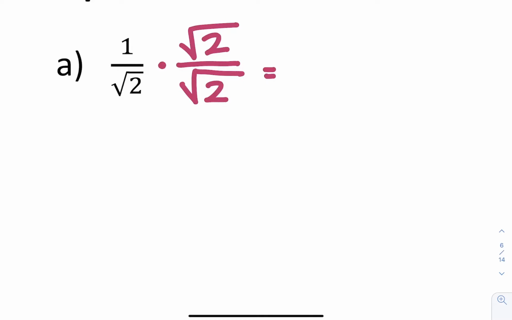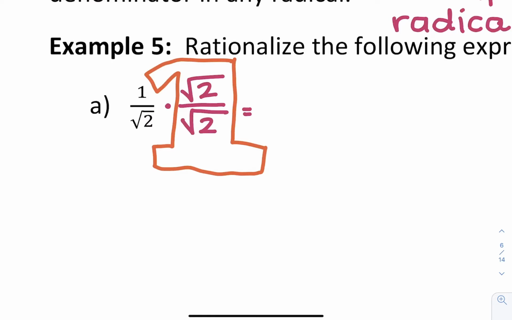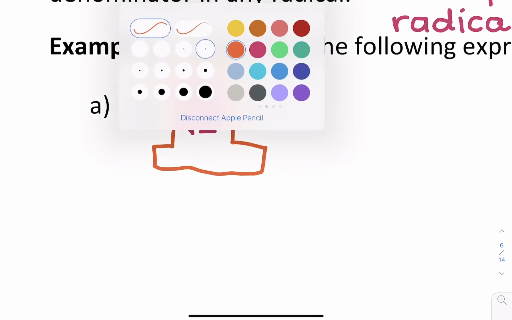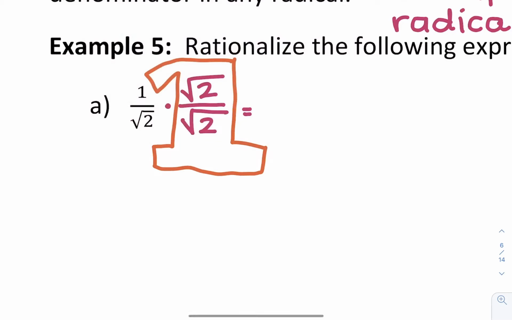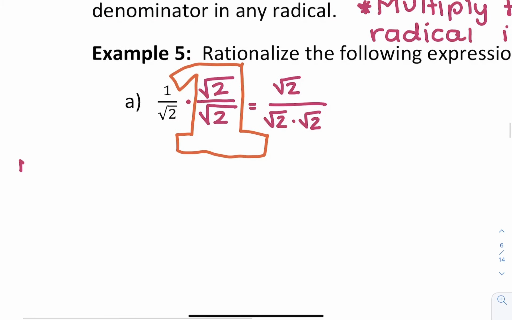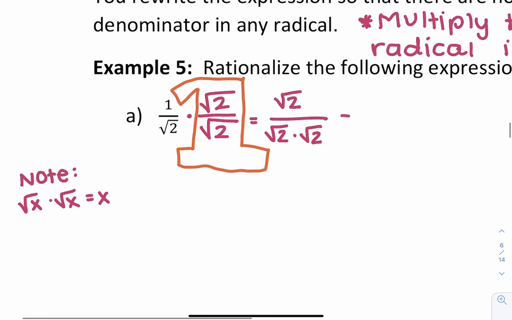We're not actually changing the value of this expression. So we're going to multiply numerators, so 1 times square root of 2 is square root of 2, and we multiply denominators. Now remember, the square root of x times itself is just x. So the square root of 2 times the square root of 2 is just 2 on the bottom. So we're left with the square root of 2 divided by 2. And notice now, there's no radicals in the denominator.